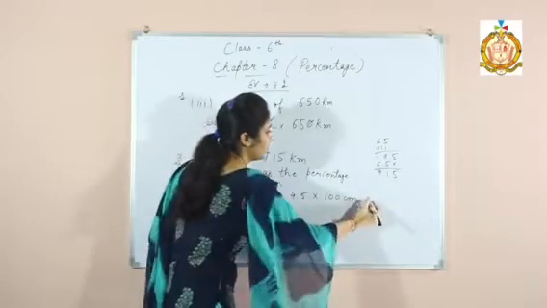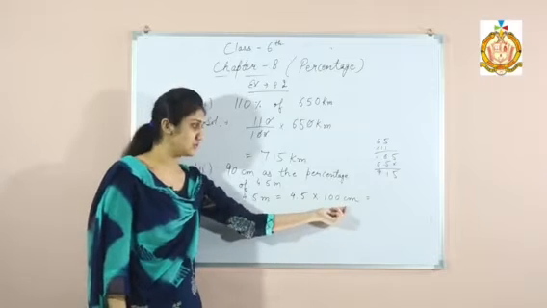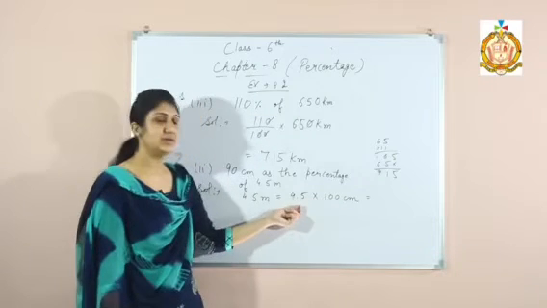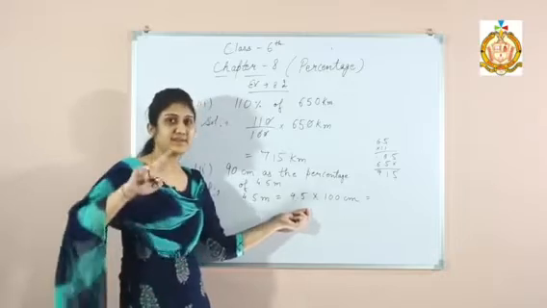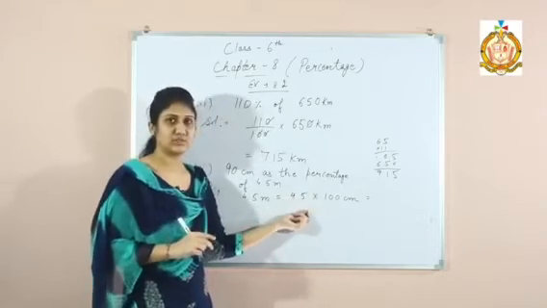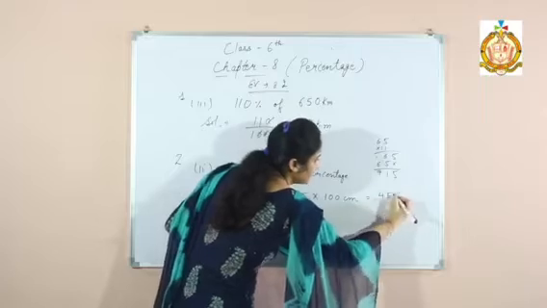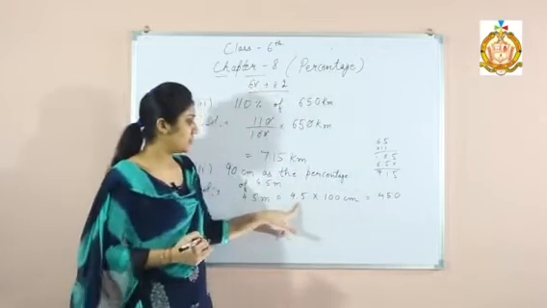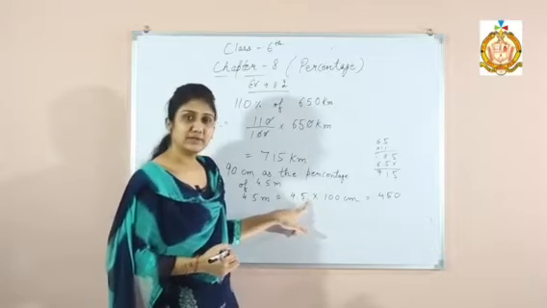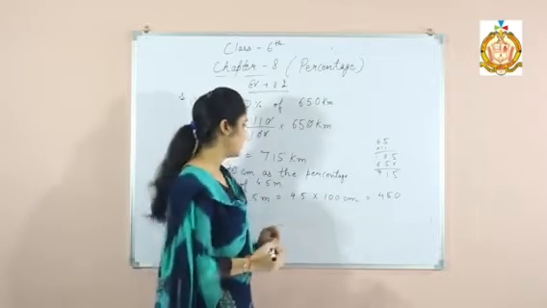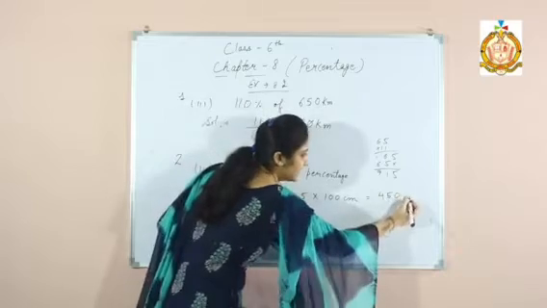When 100 multiplies with this, 100 contains 2 zeros, so we have to shift the decimal 2 places to the right. If we shift one position of the decimal, we will get 45. There is no number, so we will write 0. So after multiplying, you will get 450 centimeter.